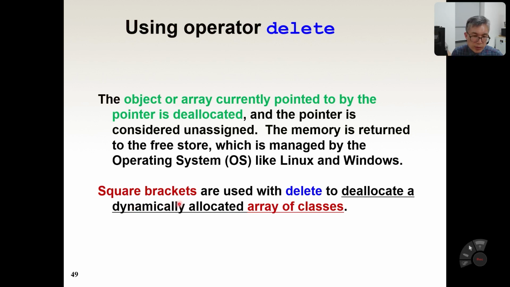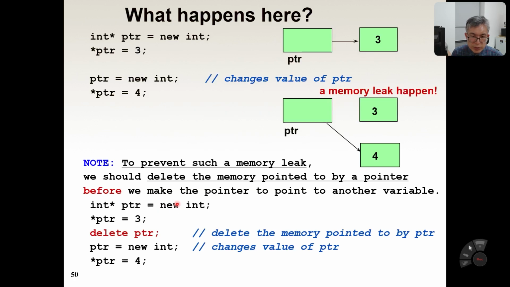Square brackets are used with delete to deallocate a dynamically allocated array of classes, which means if the deleted variable is a class array, we should use square brackets.